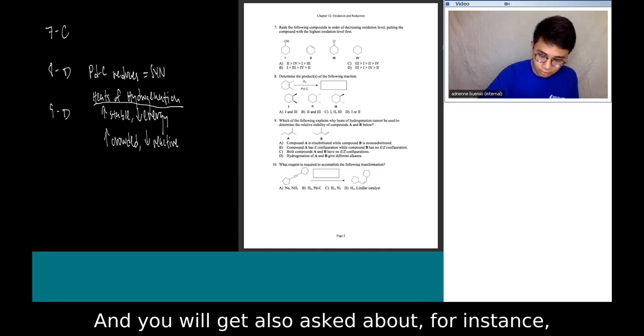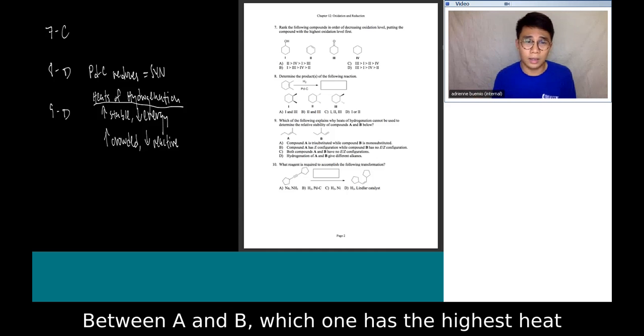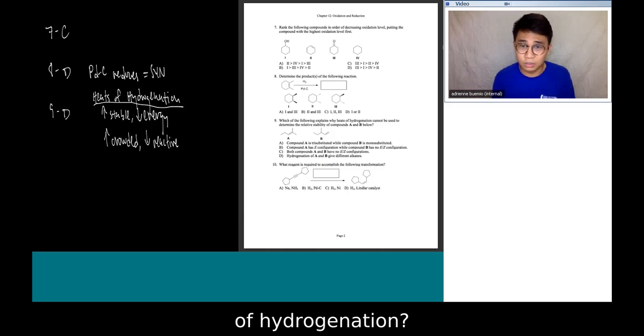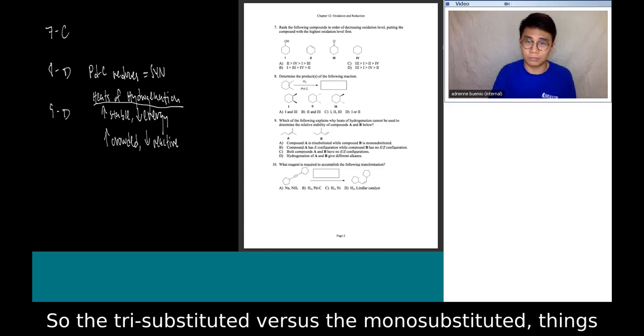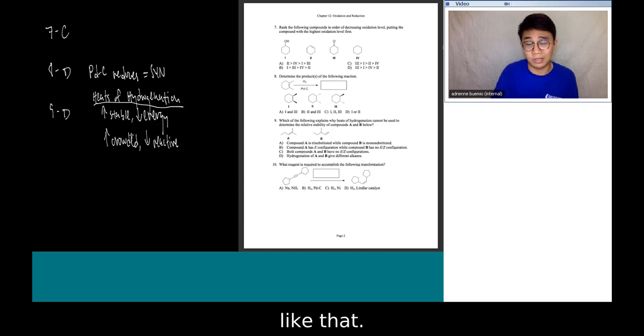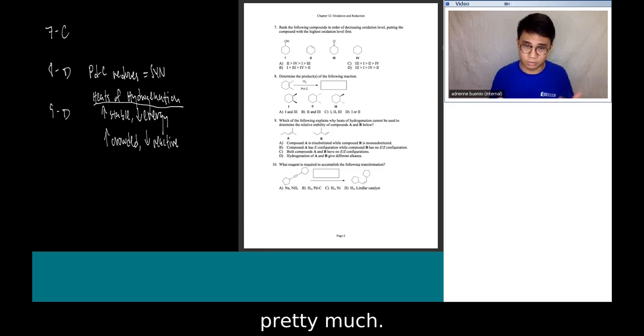And you will also get asked, let's say, another question between A and B, which one has the highest heat of hydrogenation? So now you look into stability and crowdedness, right? So the tri-substituted versus the mono-substituted, things like that. So keep in mind different ways to ask the same question, pretty much, right?